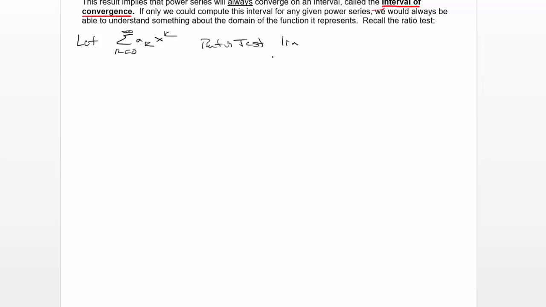I want to find the limit, n heads to infinity, of the n plus first term. So this would be a n plus 1 x to the n plus 1 over a n x to the n. And the ratio test says that when this is less than 1, this converges.